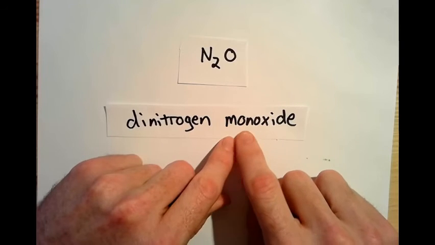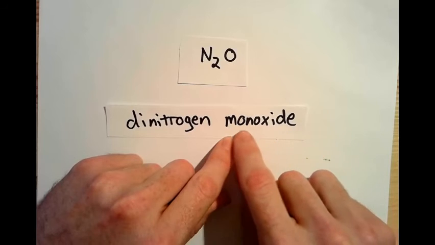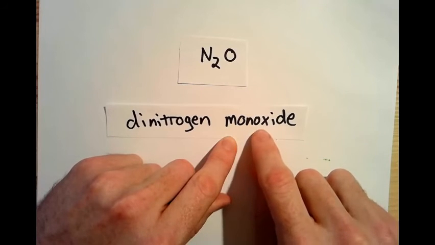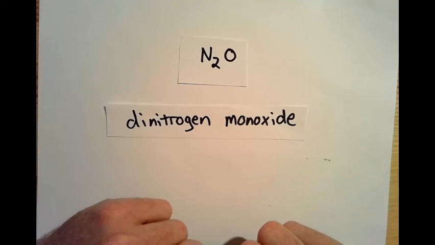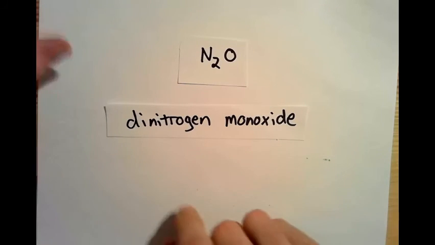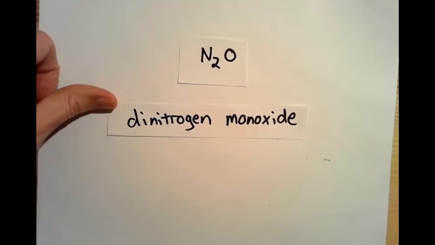If you wrote out monooxide, you would have two O's in the middle, so we actually just dropped one of those O's. It sounds better. So dinitrogen monoxide.